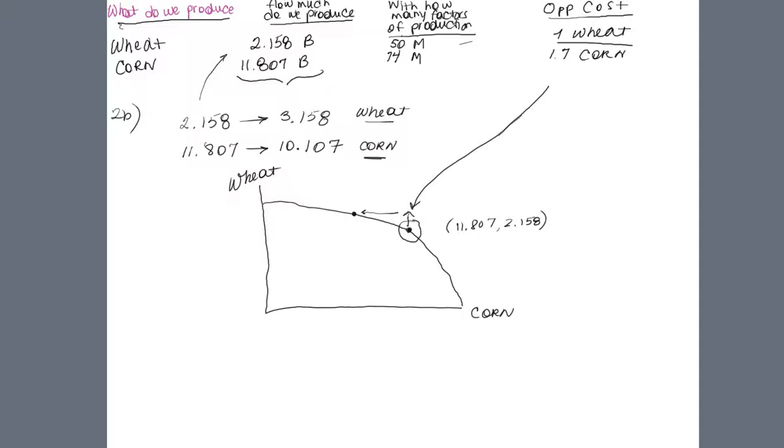So we're going to go back and pretend we don't know where we are. We don't know that we have moved from 2.158 to 3.158. Let's just focus on the fact that we've lost. My first question, the same as in other questions we've done, is what have we lost?